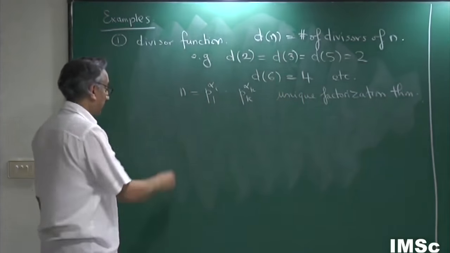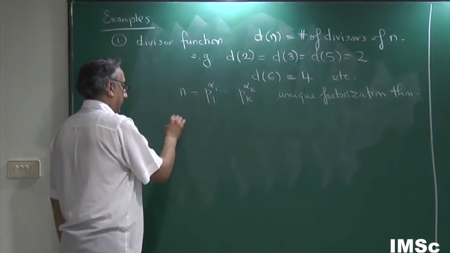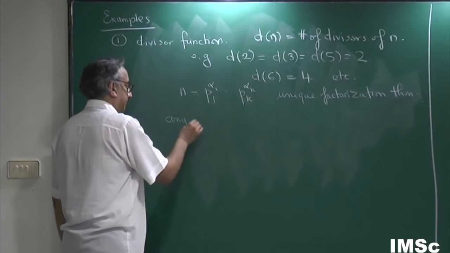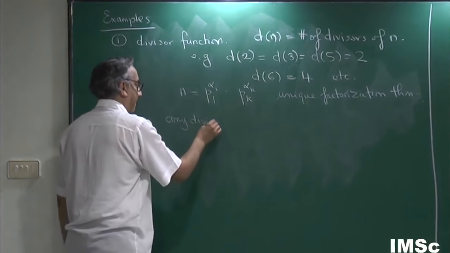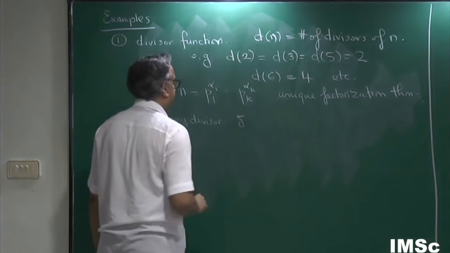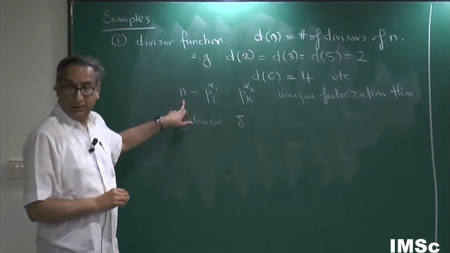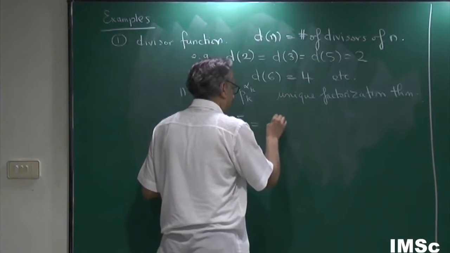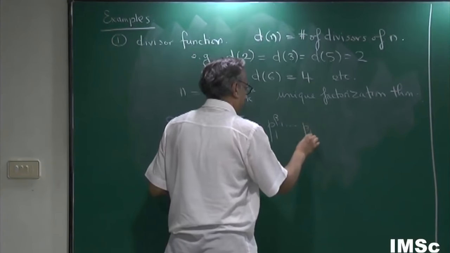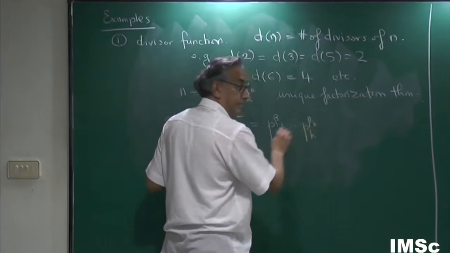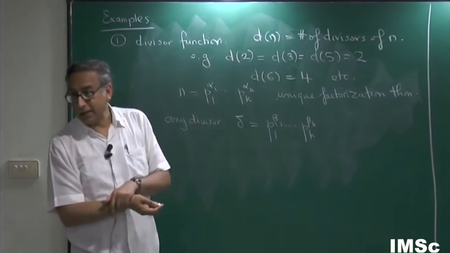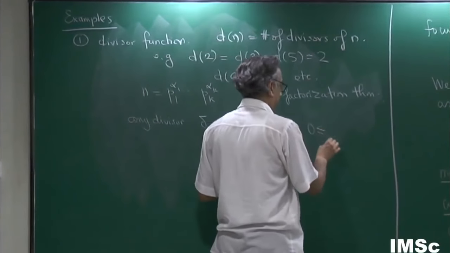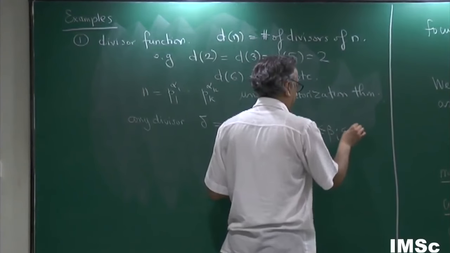So you can see that any divisor delta of n will then have to look like p1 to the beta 1 through pk to the beta k, with 0 less than or equal to beta i less than or equal to alpha i.